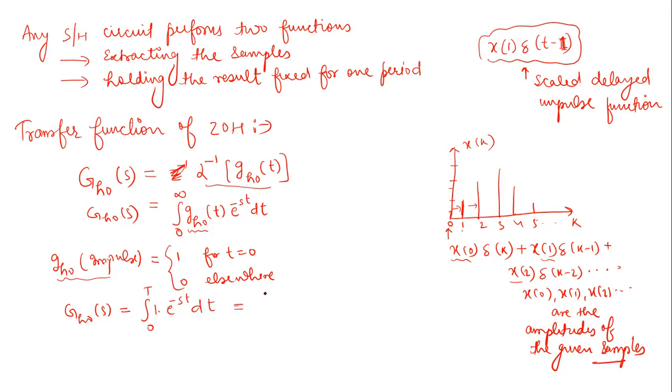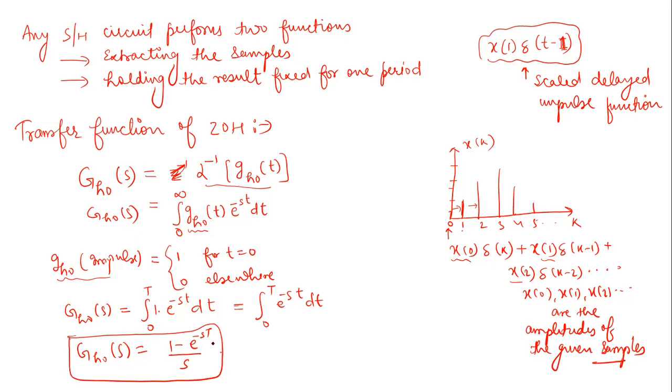So this will be the integral from 0 to T of e to the power minus st dt. So the zero order hold transfer function will then be (1 minus e raised to the power minus sT) divided by s. This is the transfer function of a zero order hold circuit, right?